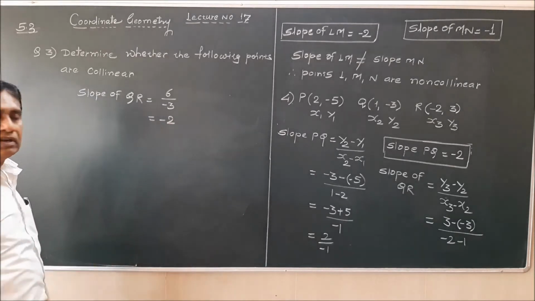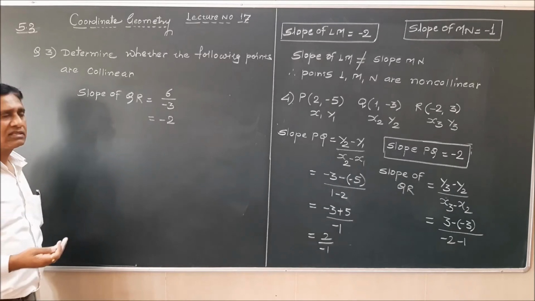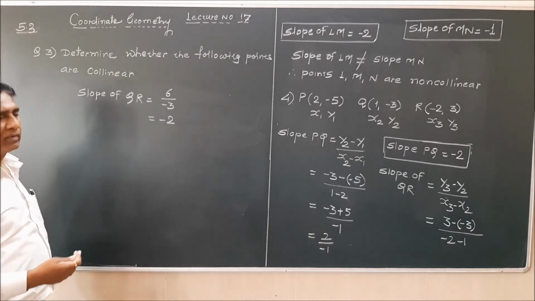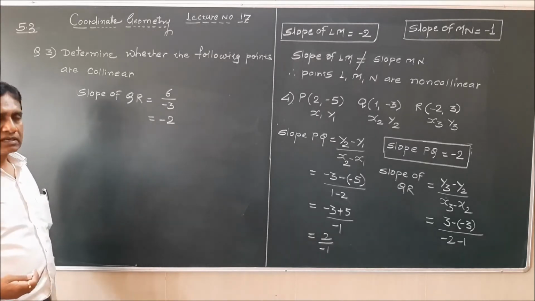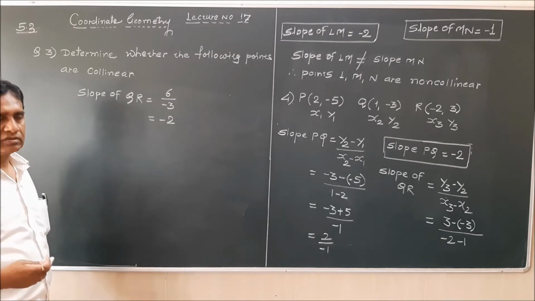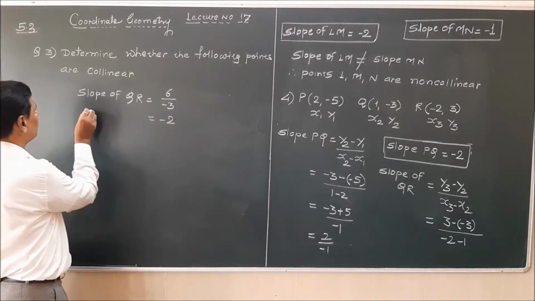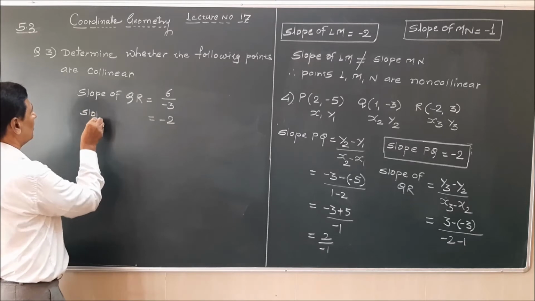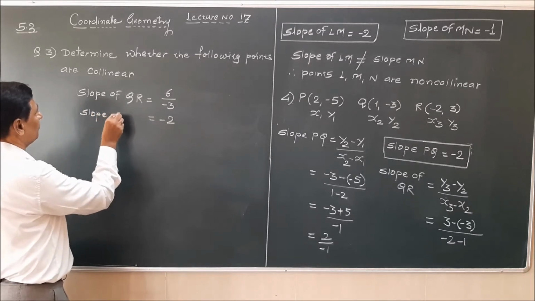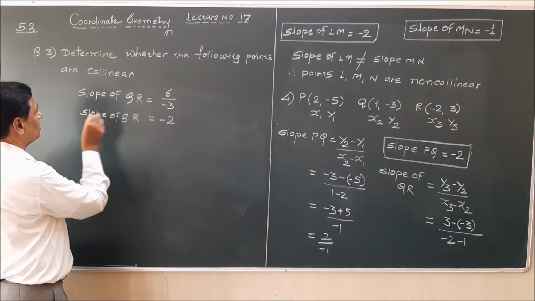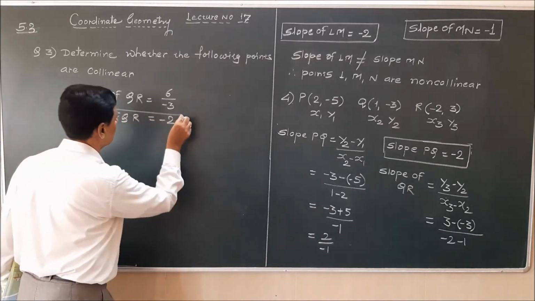I explained this earlier also. If a minus sign is there in the denominator, we can consider that for the whole fraction. So slope of QR is equal to minus 2.